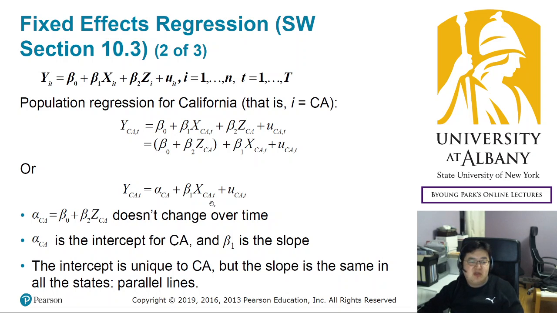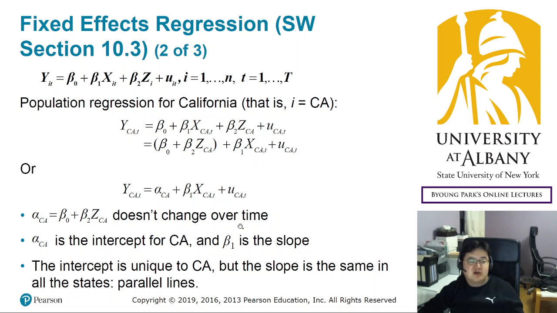Beta 1 is the same. The other terms are the same. So what you need to understand here is you may treat the omitted variable, which is time constant, as an individual or state specific intercept. This is an intercept only specific to this observational unit, cross-sectional unit, right?